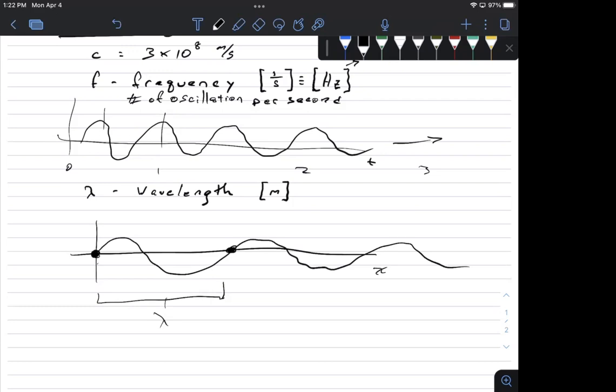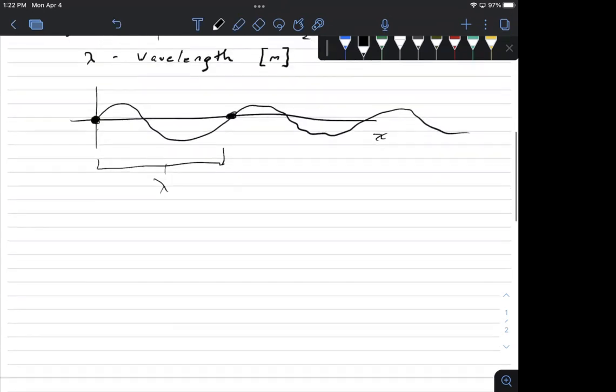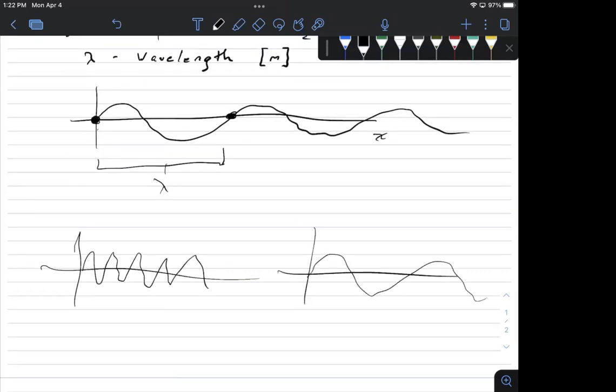Okay. Now these things are obviously related. If you have a very high frequency, that is to say something is moving up and down very, very quickly as it moves to the right, then you would imagine it's going to have a very small wavelength. For instance, as I move to the right, if I oscillate very quickly versus if I oscillate very slowly, well, the very quick oscillation, the thing with a high frequency, oscillates very much.